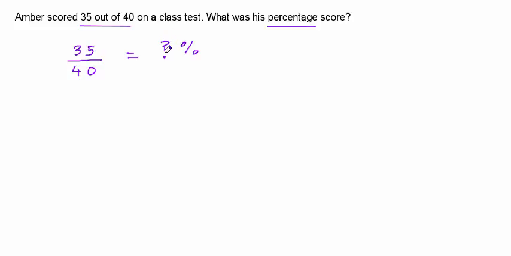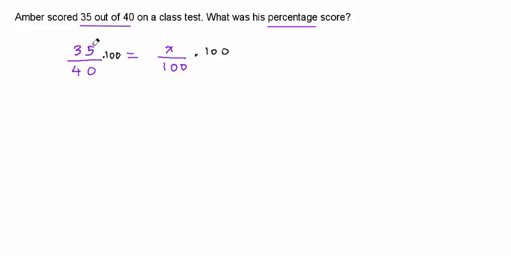So let me call this x, and let me also change the percentage symbol to over 100. So we have x over 100. And to find x, you simply multiply both sides of this equation by 100. So if you do a times 100 on this side and a times 100 on this side, 100 and 100 cross off, so you have x is equal to 35 over 40 times 100.